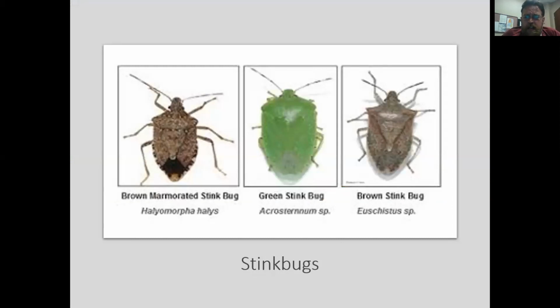Really decline the appearance of things. And they do have a defensive chemical that makes them smell unpleasant, which is where they get that name, stink bug. They have that shield-like appearance. The family name for them is Pentatomidae, which references how they look like they have that five-sided shield shape.